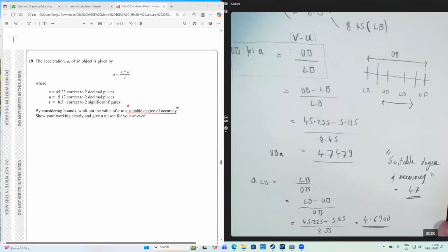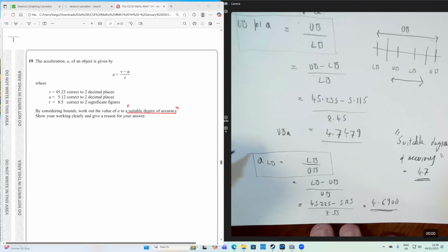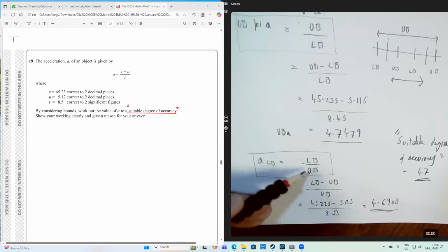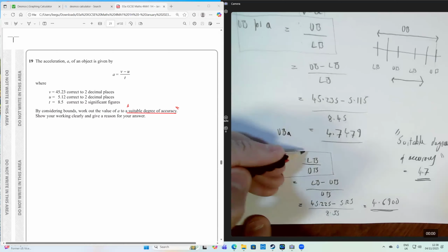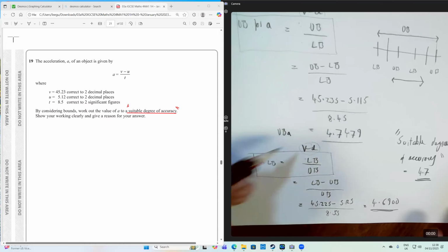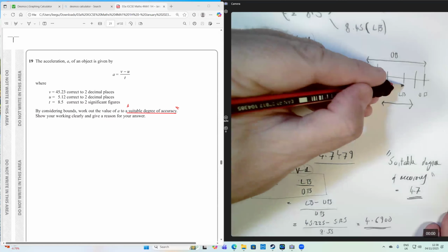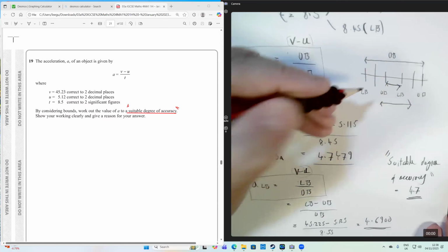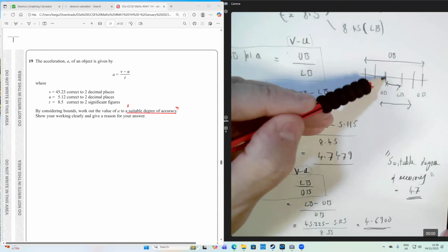Now we've got to work out the lower bound for A. When you want a lower bound of a fraction, you need the biggest thing in the denominator and the smallest thing in the numerator. But remember, our numerator is v minus u, so we want that gap to be as small as possible. And when you want that gap to be as small as possible, what you need is the lower bound of the first number and the upper bound of the second number.